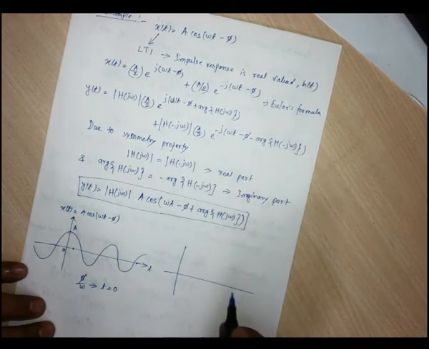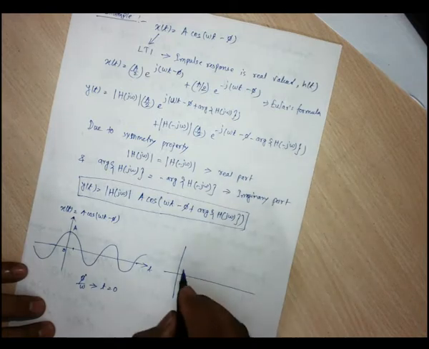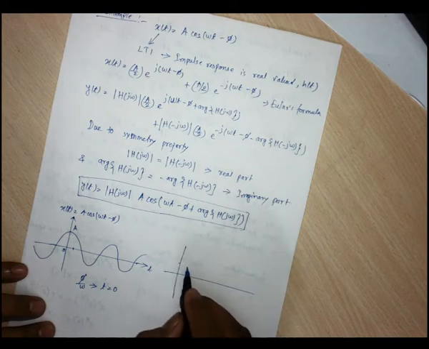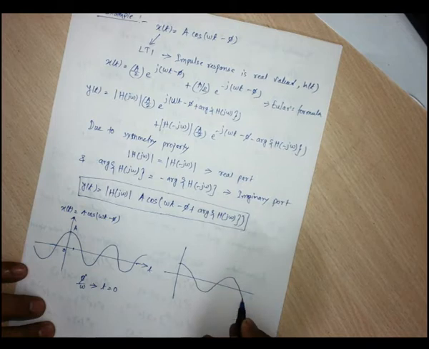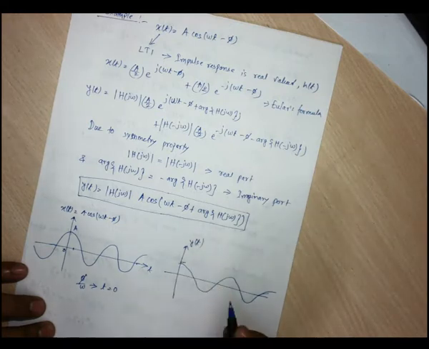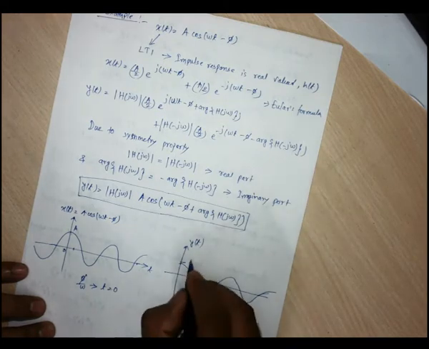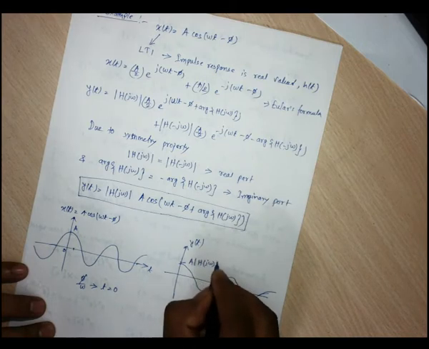Similarly, if we take this y of t, this y of t will have the modified amplitude of A into the magnitude of H of j omega, right? So let us consider this one. Now it becomes like this. So this is our y of t. This amplitude will be A into the magnitude of H of j omega.